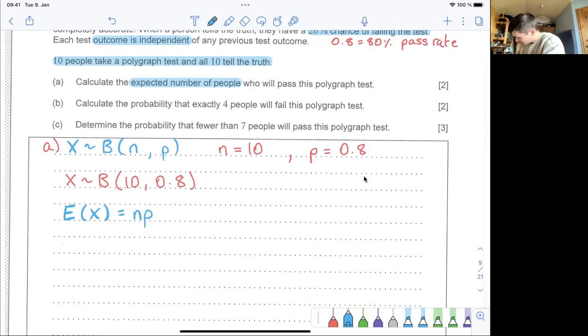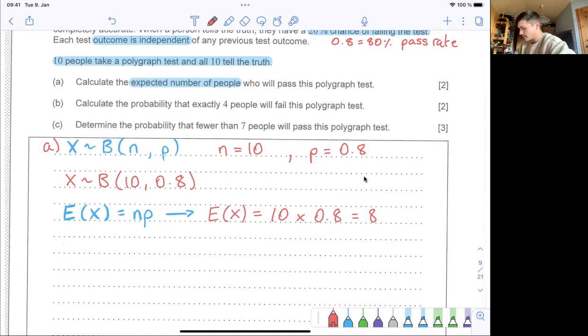So we can bring this over here and we'll say therefore E(X) is equal to 10 multiplied by 0.8, which equals 8. All right, and so that's the answer to part A.